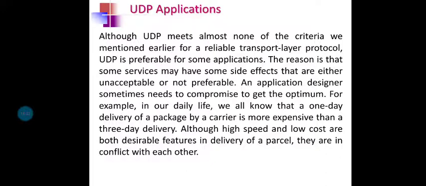But here we don't have any window mechanism. Whatever number of packets the sender wants to send, he can send to the receiver. Whether the receiver is capable of receiving that number of packets or not is totally irrelevant. If I have data, I keep on transmitting. So that's why we don't have any flow control in the UDP protocol.